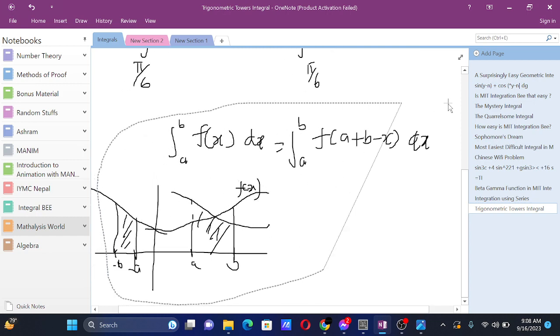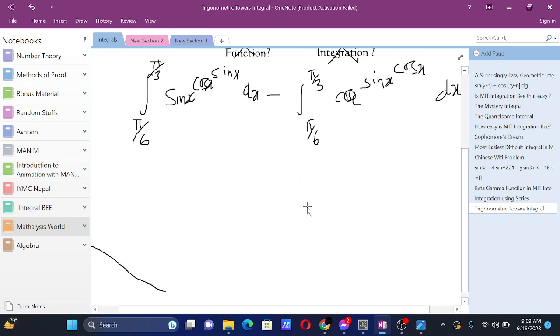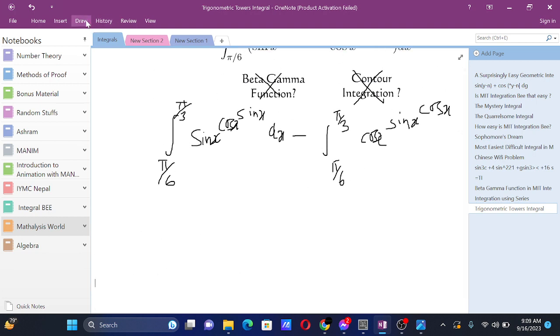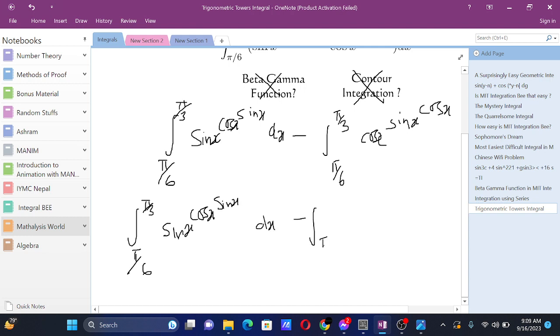Now we'll try and solve this integral. Now we will use that rule. This is just 30 and this is 60, so the sum will be 90. So we have the integral from pi by 6 to pi by 3 of sine x to the power cos x to the power sine x dx, minus the integral from pi by 6 to pi by 3.